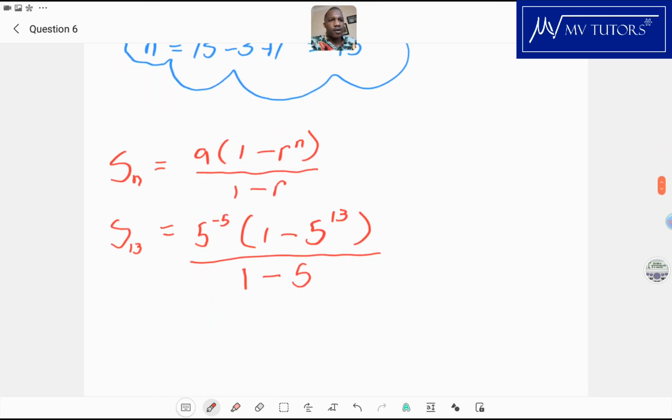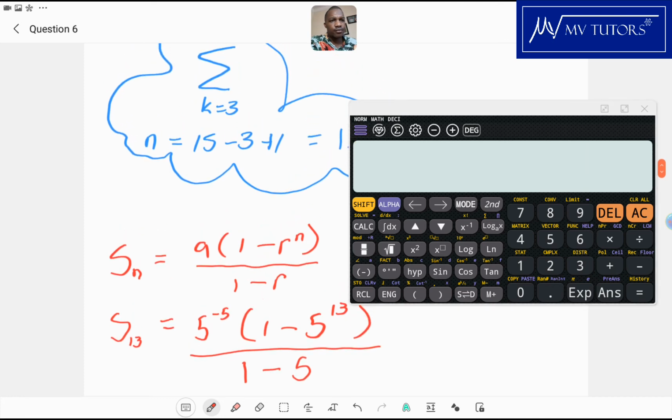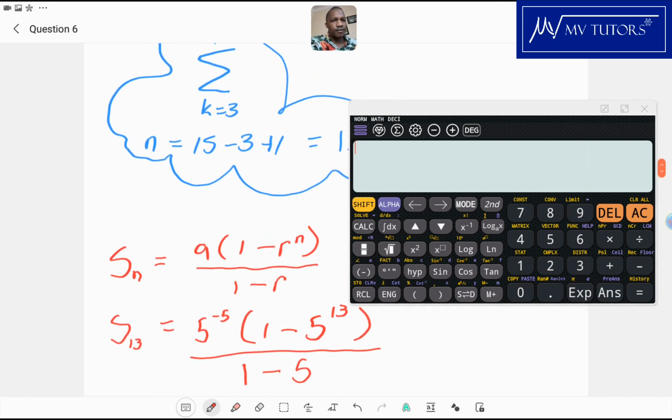Okay, so now we can just simply put this in a calculator. We have 5 to the power minus 5, okay, and then we have, open the bracket, 1 minus 5 to the power 13, okay, and then we can close the bracket, and then we come down, there we have 1 minus 5.